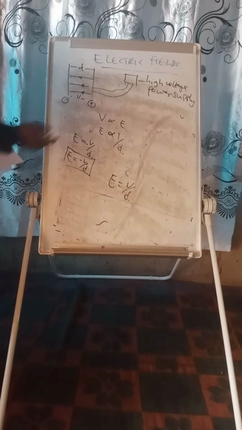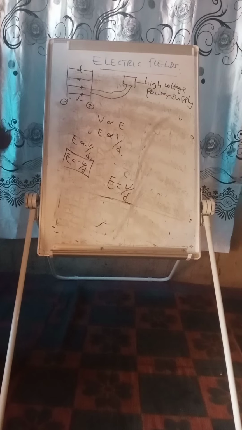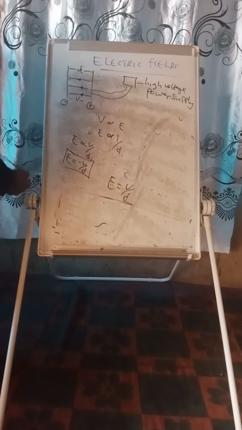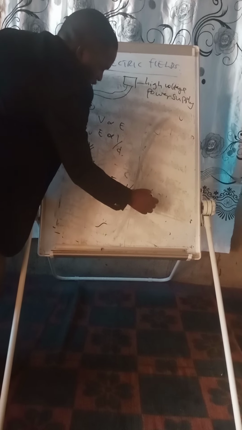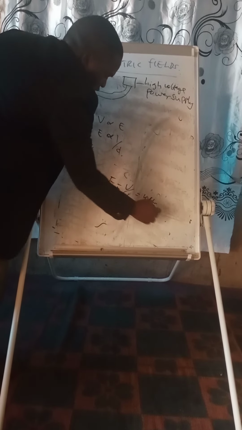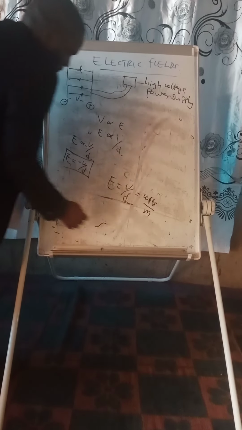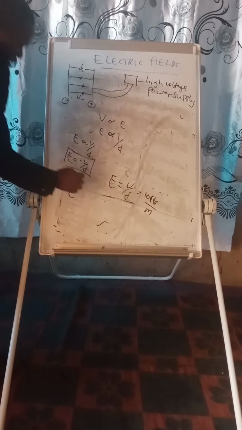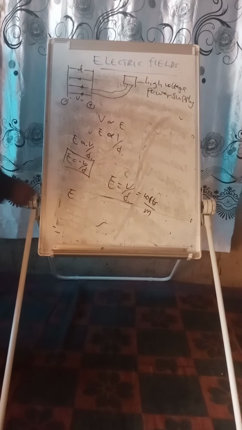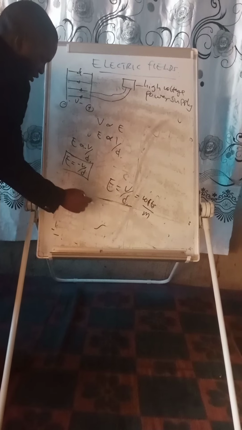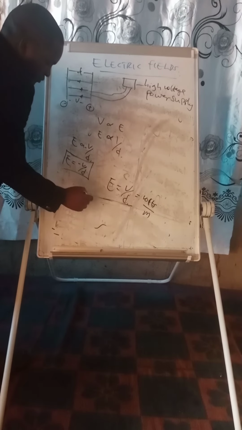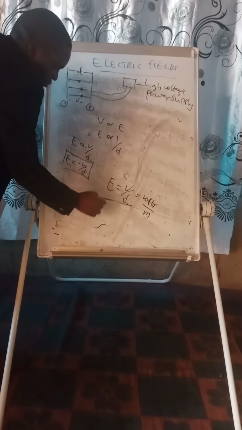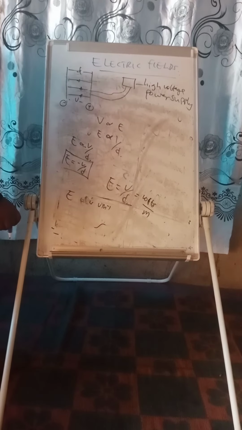So now let us find the units from this relation. The unit for V is volts, and for D is meter. So the unit of electric field strength is volt per meter.